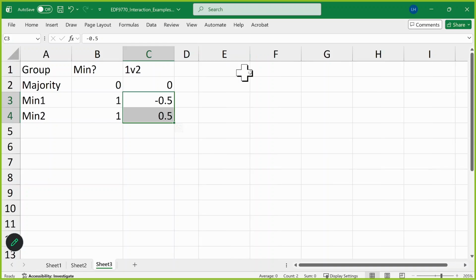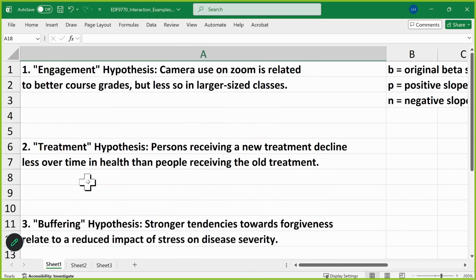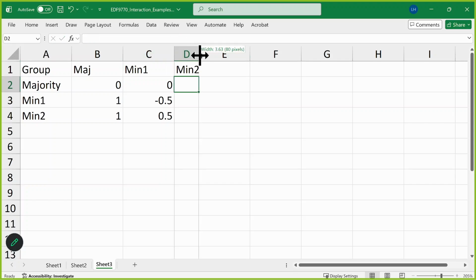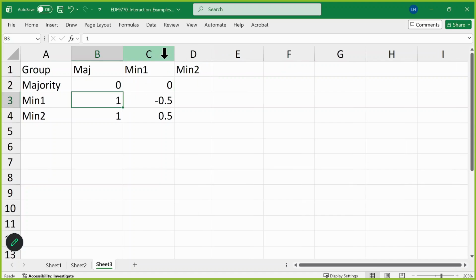Let me blow your mind another way. Back to this. What if you just want to know what the group mean is for each one? What if I did something like this?